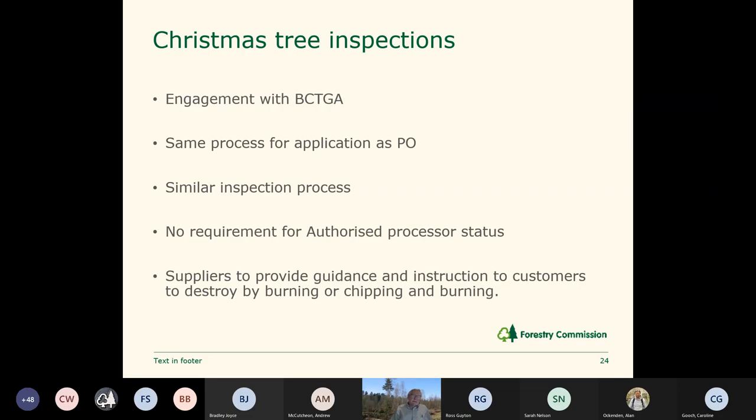There's a similar inspection process of the Christmas tree stands. There is no requirement for recipients to be authorised processors, but we do ask that suppliers provide guidance and instructions to their customers that would prompt chipping or burning of a Christmas tree at the end of the season.